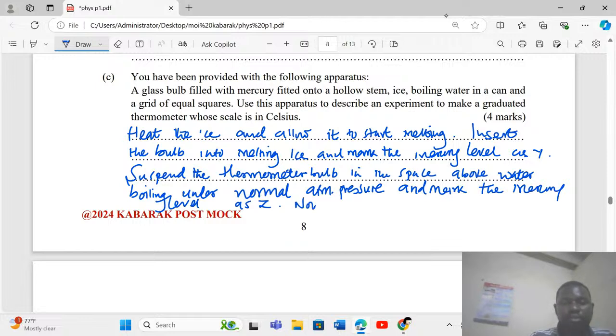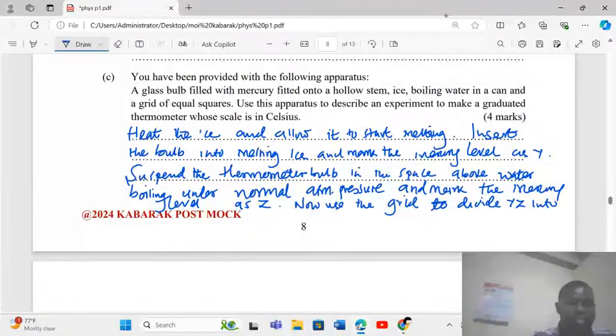Now use the grids to divide YZ into 100 equal parts.